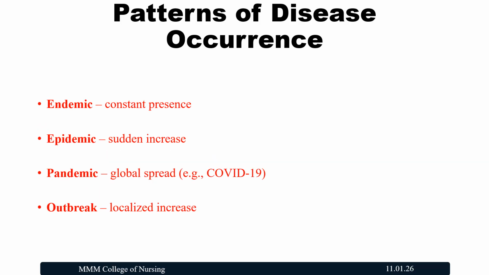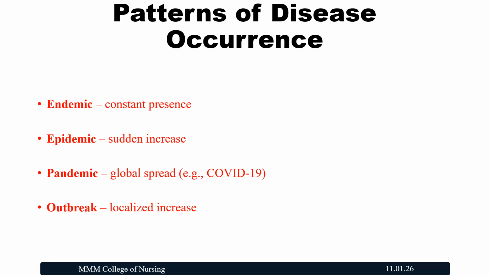Next, we are going to discuss one of the important things in disease transmission, that we term as pattern of disease occurrence. See, these 4 terms are important. These 4 words we frequently use in community health nursing. Endemic. What is endemic? Endemic means constant presence of a particular disorder in a particular area, constant presence of disease.